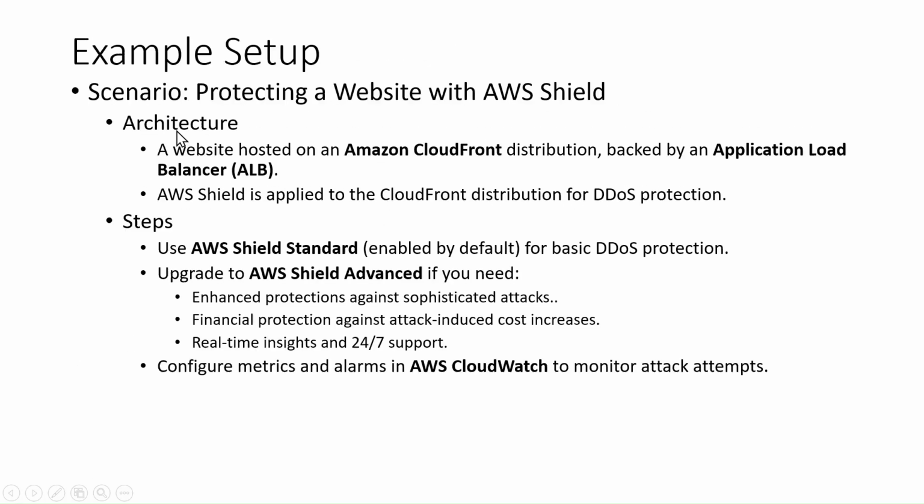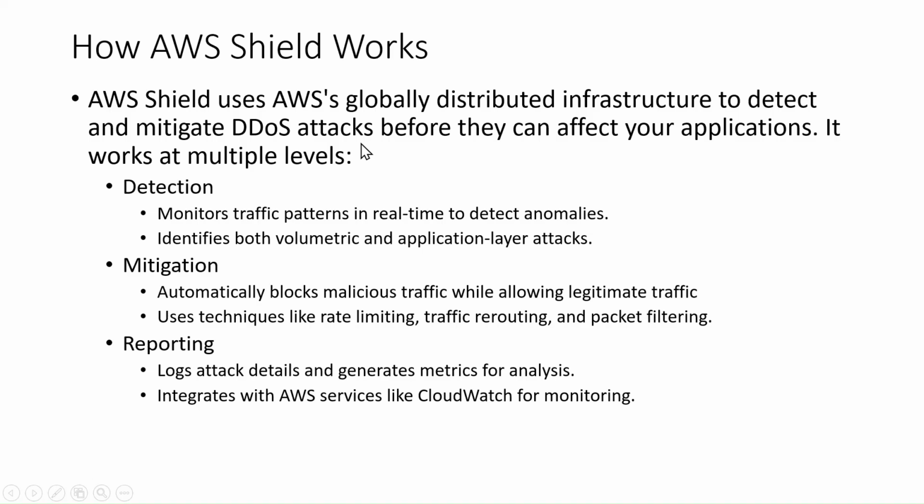So how is it going to work? Shield uses the AWS global distribution infrastructure to detect and mitigate denial of service attacks before they can affect your application. It works at multiple levels. Initially we need to detect, right? So it monitors traffic patterns in real time to detect anomalies. On the day of launch, the attacker wouldn't go and exploit the application.